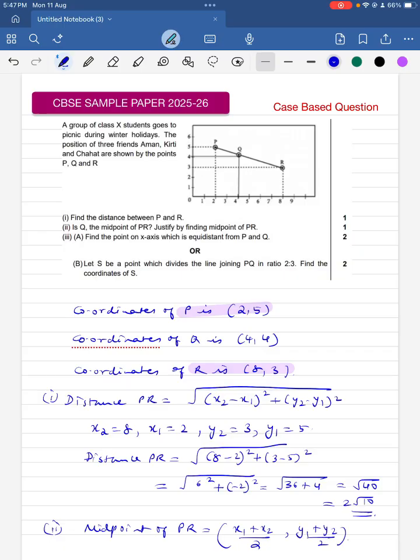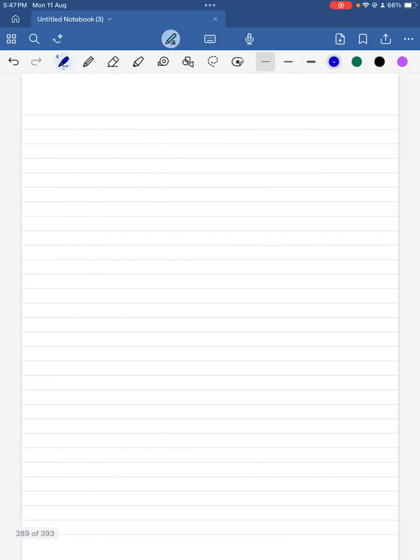We have written out the values for x1, x2, y1, y2 in the previous section. So let's substitute the values. That is equal to 2 plus 8 by 2 and 5 plus 3 by 2, which gives you 10 by 2, 8 by 2, which is equal to 5, 4.